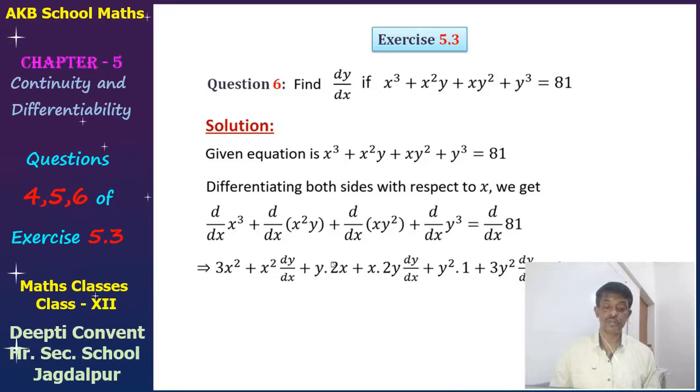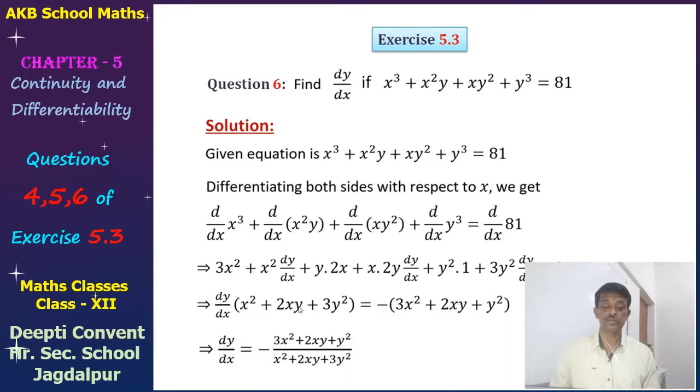So in 3 places dy by dx is present, so take it out common, and take the remaining things to the right hand side by transferring, just like this. Okay, dy by dx common, so (x² + 2xy + 3y²) dy by dx equals 3x² + 2xy + y². All are positive, so on going to the right side it becomes negative, with a minus sign. That's why dy by dx equals minus this upon, bringing it below. This derivative also involves x and y both.